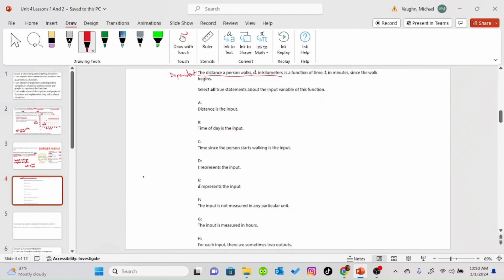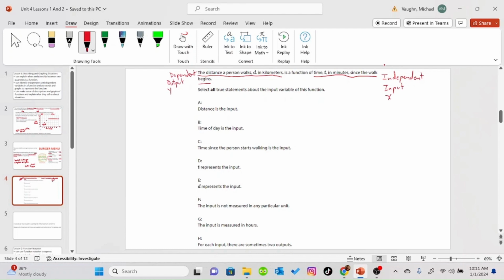This depends on what comes next. In this case, time, t, in minutes since the walk begins. This is my independent. My dependent is my output or my y. My independent is my input or my x.